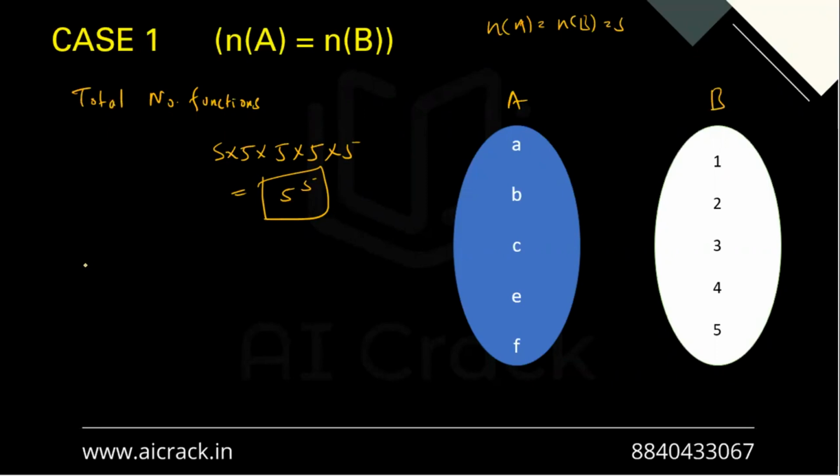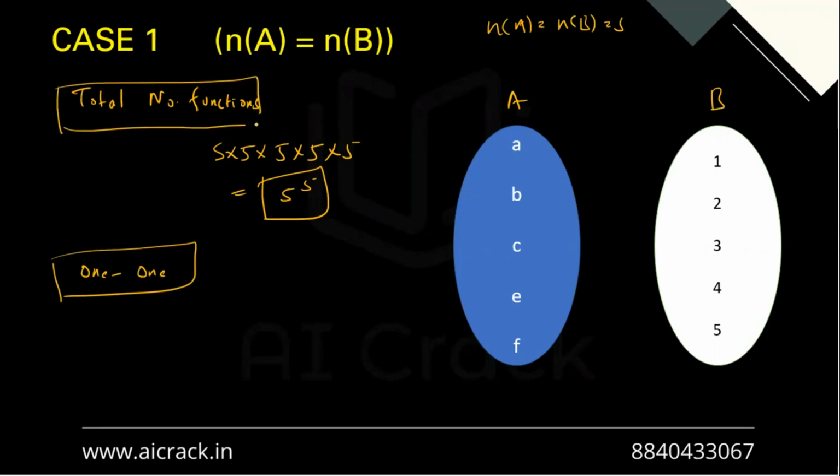Now let's try to calculate the number of one-one functions. These are the total number of functions. Now we are calculating the total number of one-one functions. Now let's say this is mapped to 2. Now 2 is being occupied. It cannot map to any other element, because that would make it a many-one function. So basically, the A element has 5 possibilities.